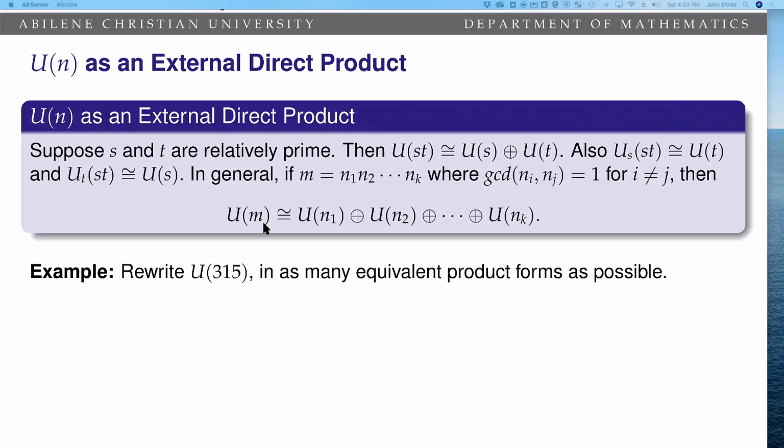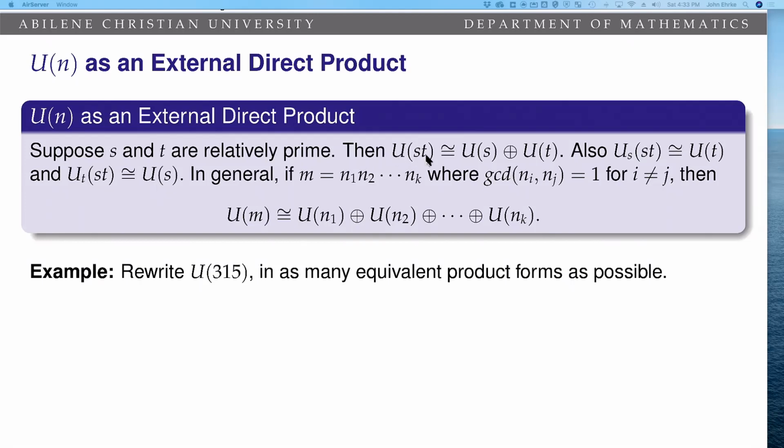If you have a factorization of the m for U sub m, and you know that the elements in the factorization are relatively prime, just like for the Z mod m groups, then we're going to be able to decompose them in the same way. It turns out that U sub st is isomorphic to U sub s times U sub t.